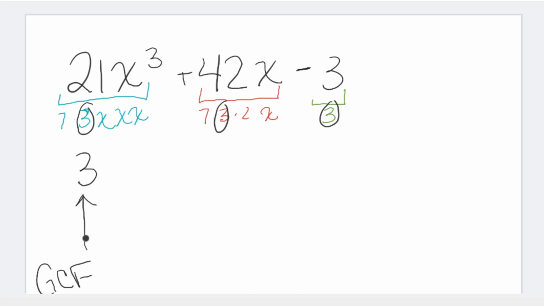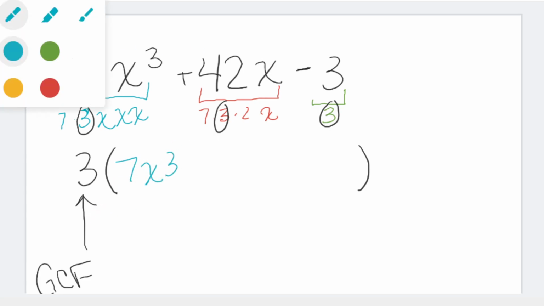Now, when I want to factor out the GCF, what I do is I take a set of parentheses and I put everything that's left over, so any portion of the polynomial that I did not use. And I need to multiply that stuff back together. So 7 times 3 x's makes it 7x cubed.